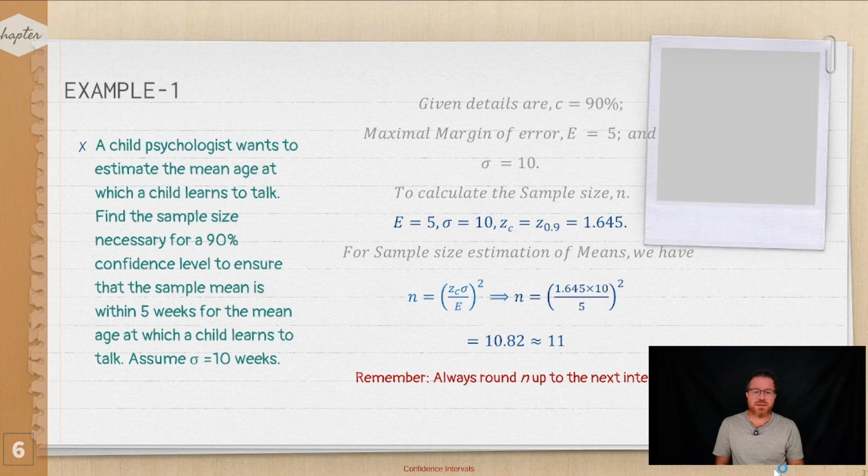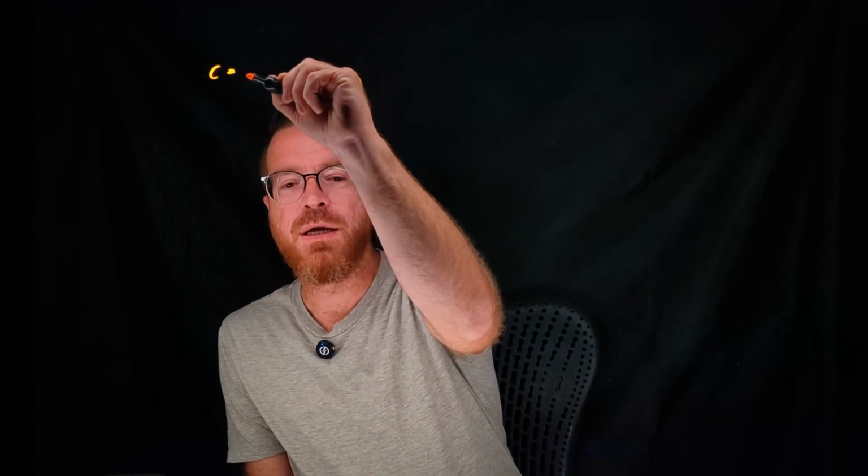The first example says, a child psychologist wants to estimate the mean age at which a child learns to talk. Find the sample size necessary for a 90% confidence level to ensure that the sample mean is within 5 weeks of the mean age at which a child learns to talk. Assume that sigma equals 10 weeks. So in this case, the information that we have is we want a confidence level of 0.90.